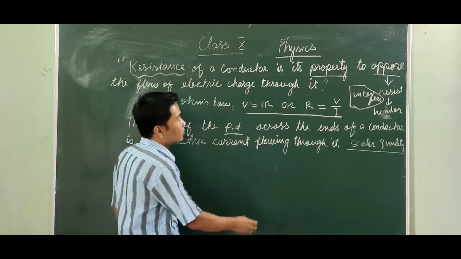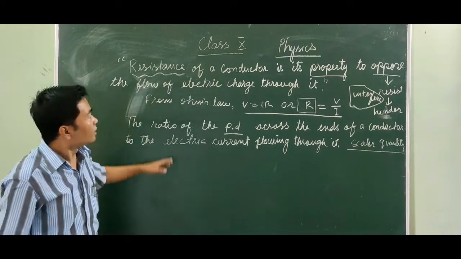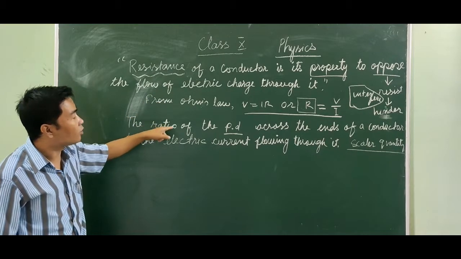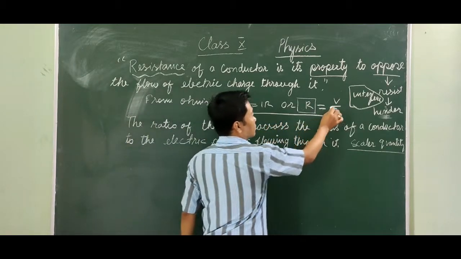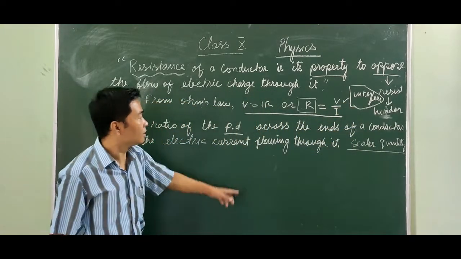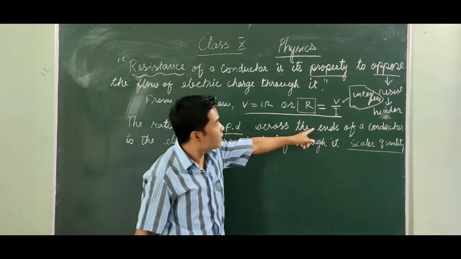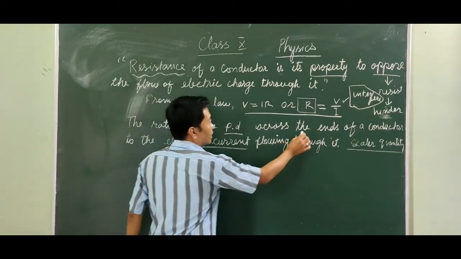Now, from Ohm's law, V equals IR or R equals V by I. So we can find the resistance of a conductor by using this relation. Another definition of resistance is the ratio of the potential difference, which I have written in the short form PD, across the ends of a conductor to the electric current.